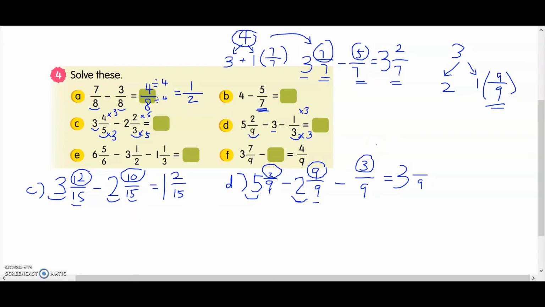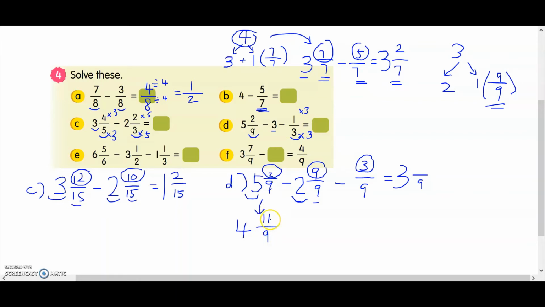Now 2 cannot minus 9. So what should we do here? So here we need to change this again to 4, and here we will have 11 over 9.